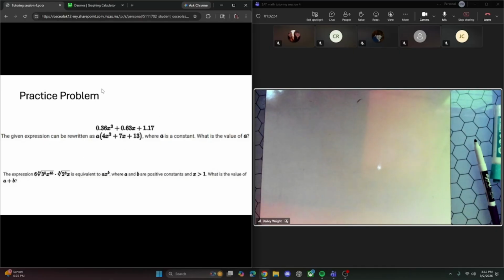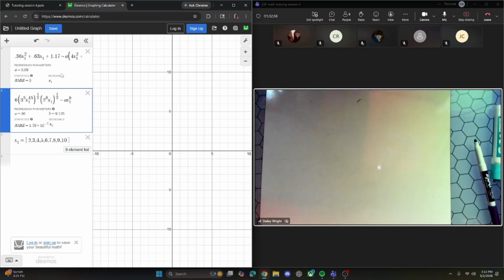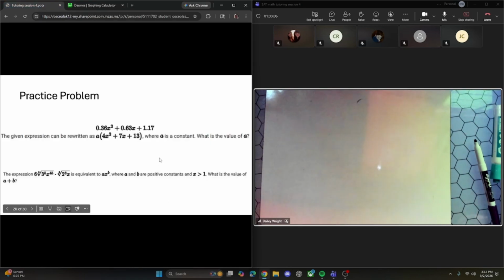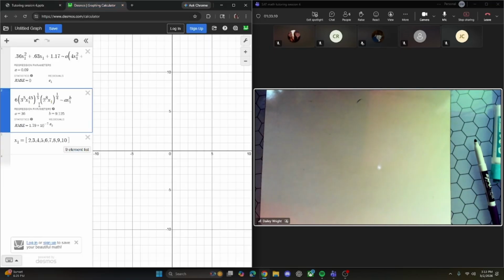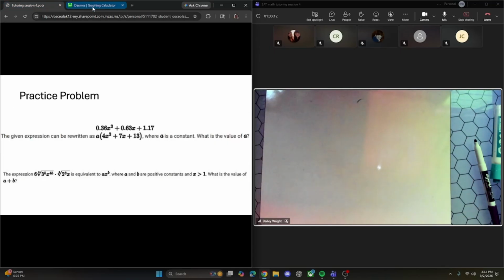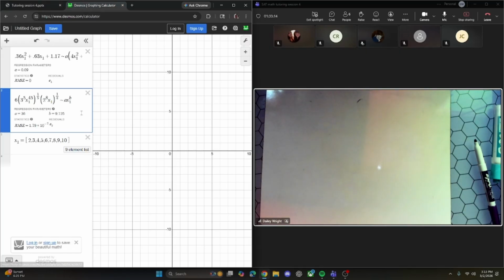I cannot tell if that is an 8 or not. 2 to the 8x is equivalent to axb. Yeah, that's an 8. Okay. So, I thought that was a 3 at first. I messed up typing that in. It's going to be more clear on the problems on test day.